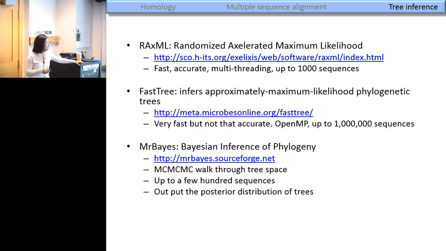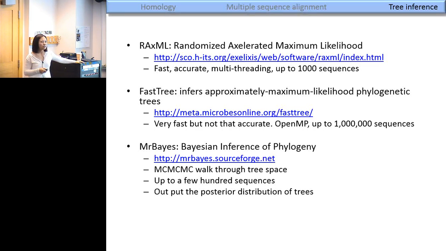And then there's MrBayes, which is based on Bayesian inference instead of maximum likelihood. When you do maximum likelihood with those two, you get one single tree that maximizes the likelihood score. But when you do Bayesian, you get a posterior distribution of tens or hundreds of thousands of trees that represent the uncertainty in the tree estimation, which can be really nice.